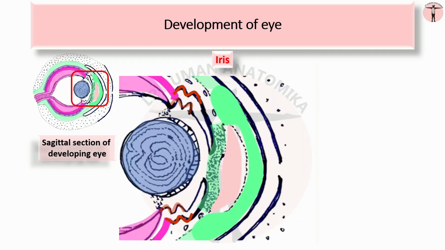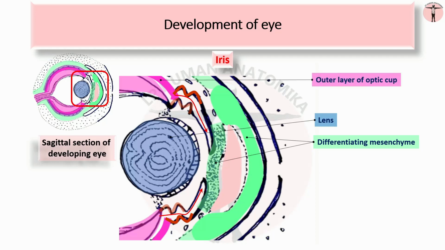Now coming to the development of the iris, by the end of the 3rd month, the lip or anterior end of the optic cup begins to elongate and grows between the lens and the differentiating mesenchyme going to form the cornea. The outer layer of the optic cup, which continues in front of the lens, develops into the anterior epithelium of the iris.